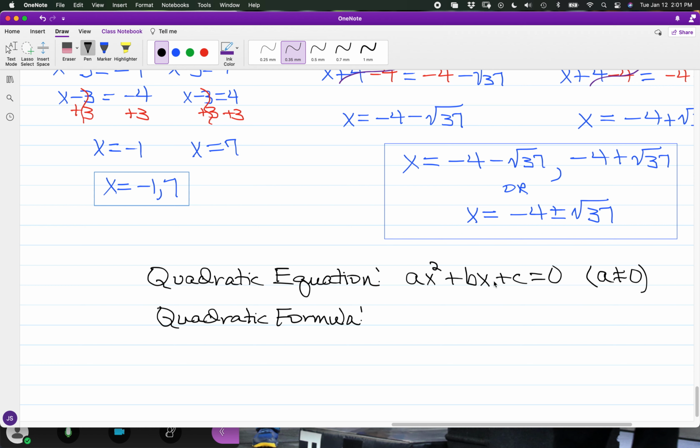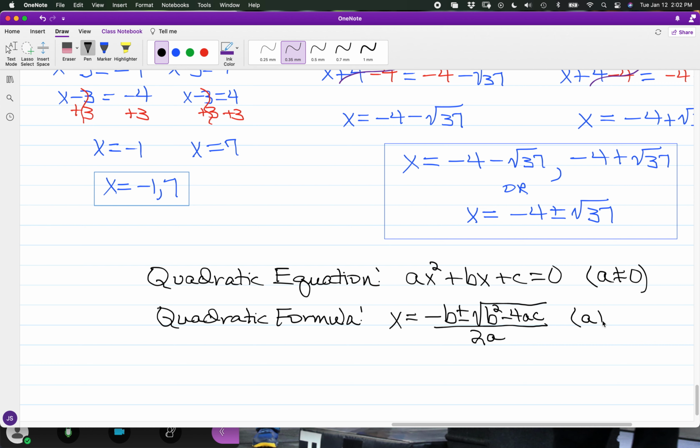And this is where x is equal to negative b plus or minus the square root of b squared minus 4ac, all over 2a.